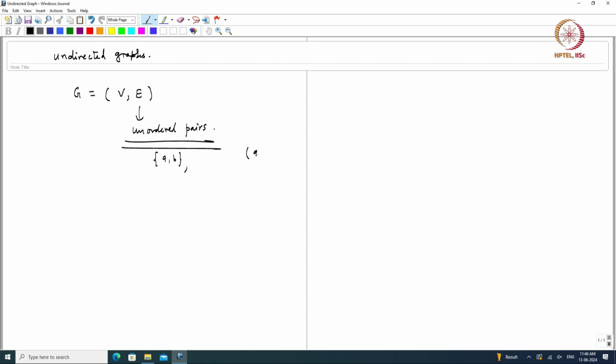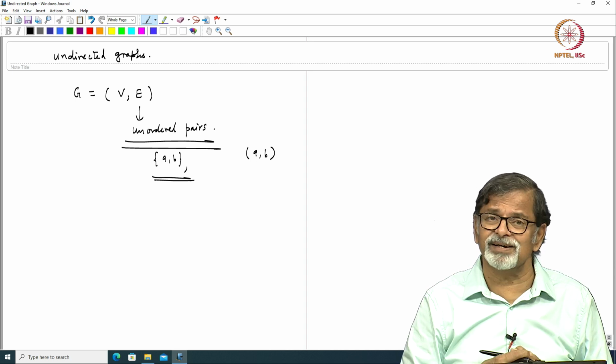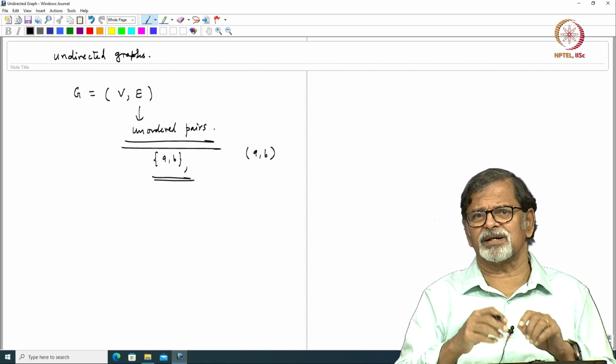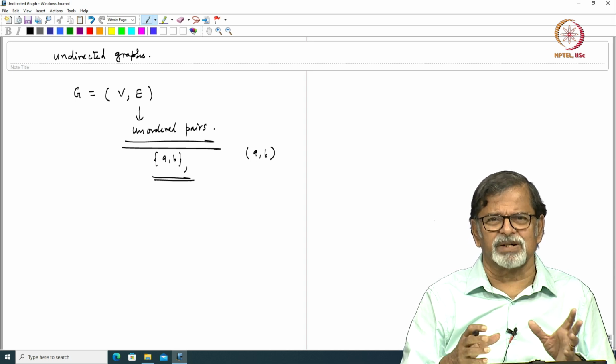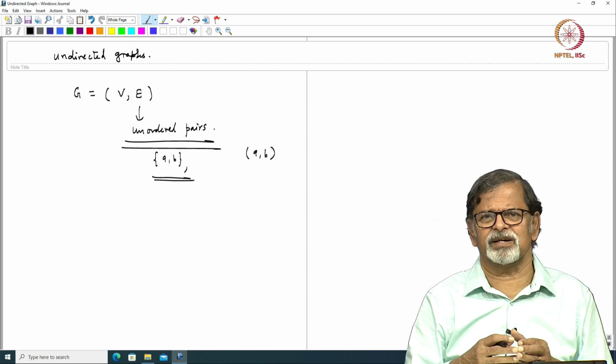An ordered pair was written differently; an unordered pair is a set, because sets have no order among their elements. We can put in this notation AB and write it in curly brackets, but that would be a little cumbersome.